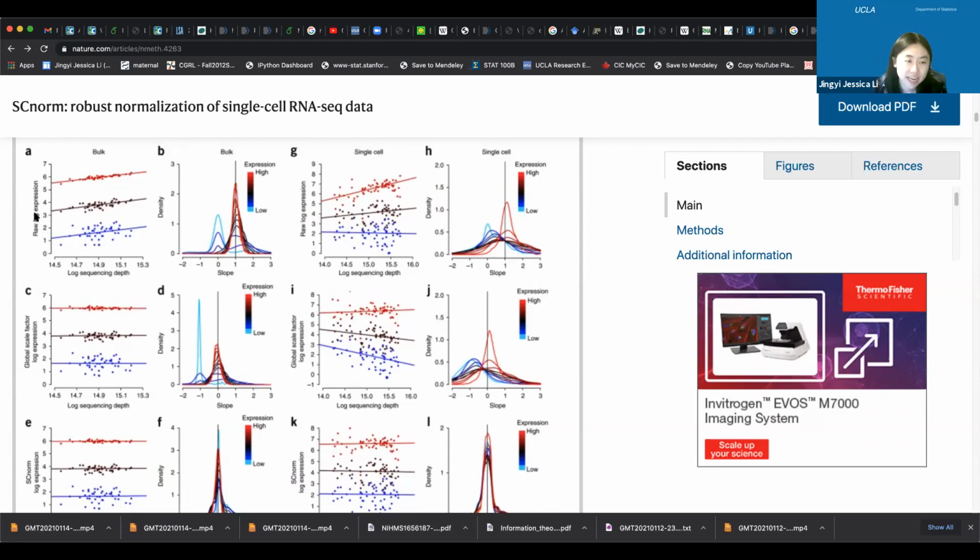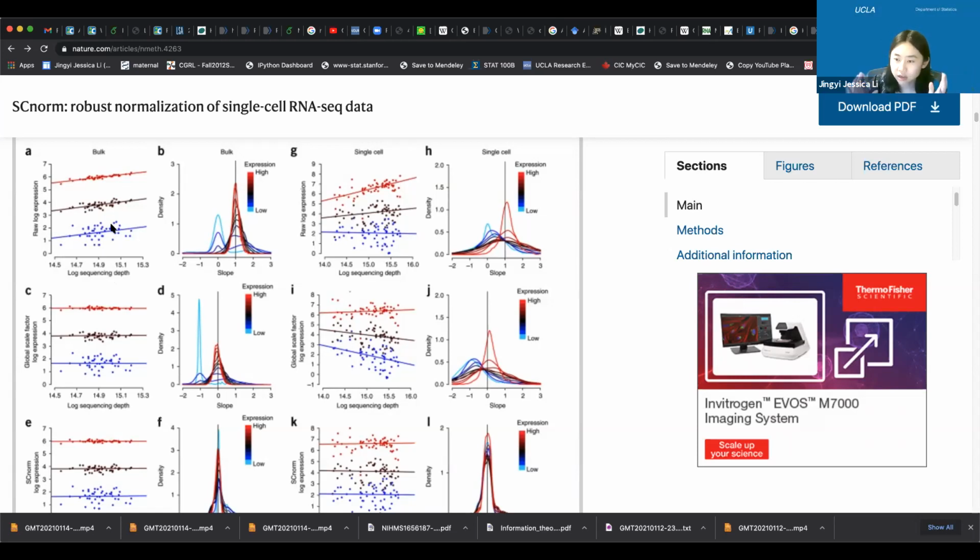You are taking that gene expression level on the log scale, and you also take that sample's sequencing depth on the log scale. So what would you imagine? There shouldn't be any slope there. The reason is that the gene expression should be linear in the sequencing depth, right? It should be sequencing depth times the relative proportion of that gene in the sample.